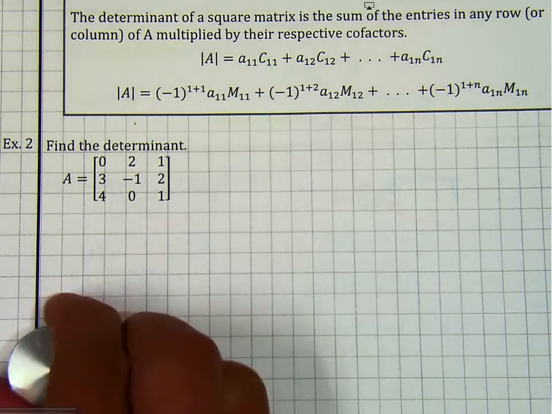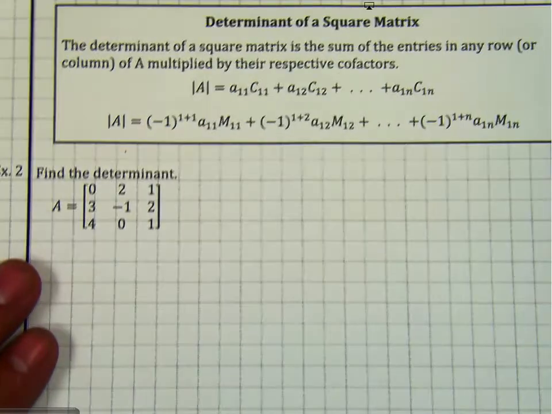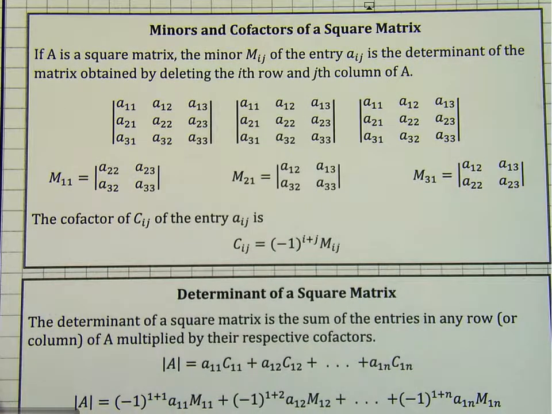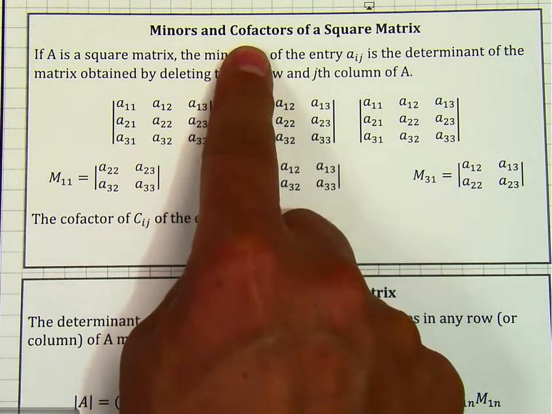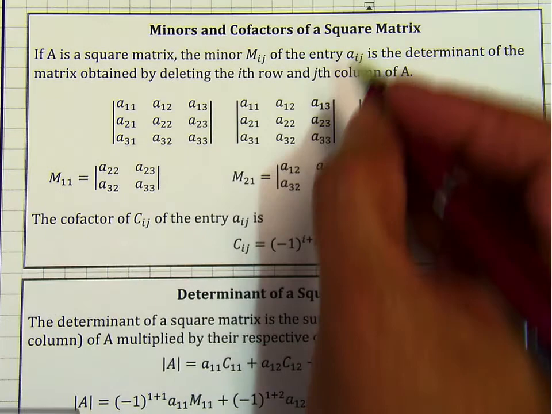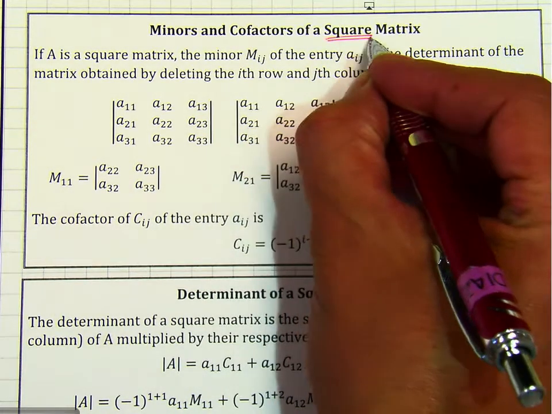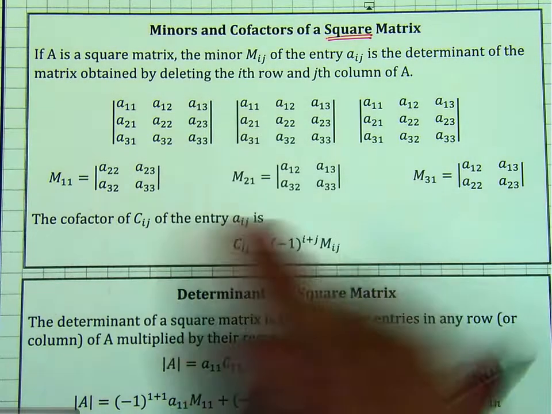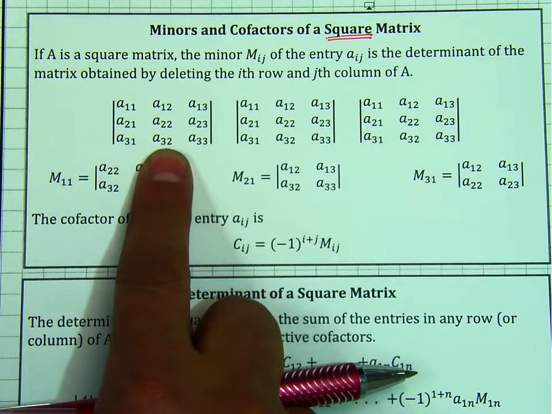So on the cutout that we have above, we have something that's called minor and cofactors of a square matrix. Notice that in order to be able to find the determinant, it has to be a square matrix. So it has to be a 2 by 2, just like example number 1, or just like this one, which is a 3 by 3.